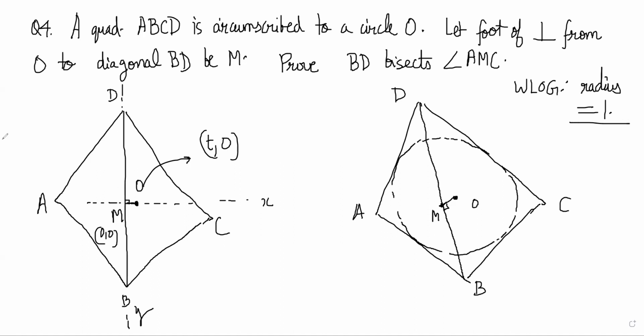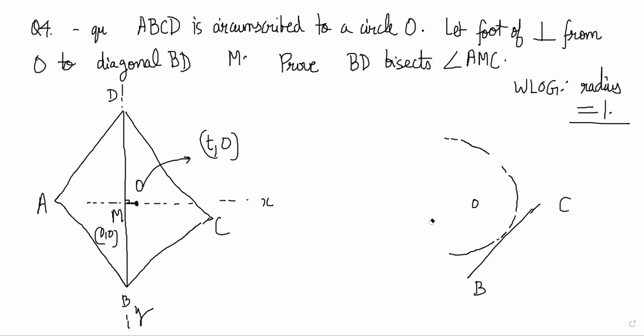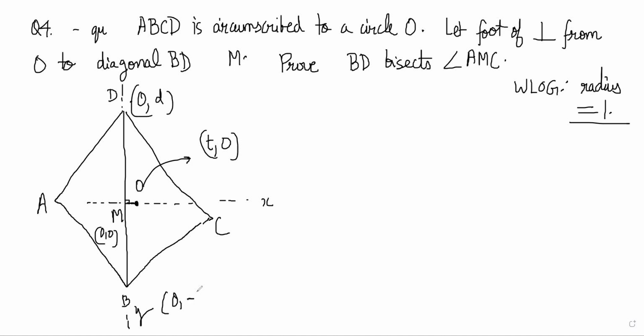Okay. So what we can say now is that we can write D and B pretty easily because we know that that is my y-axis. So D can be written as 0 comma D and B can be written as 0 comma minus B, right? Where both B and D are greater than 0. So this is my D point and this is my B point.